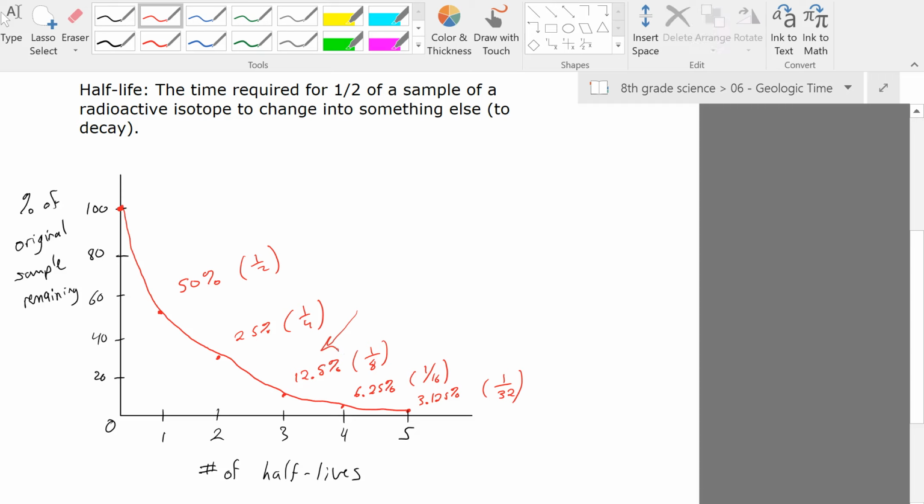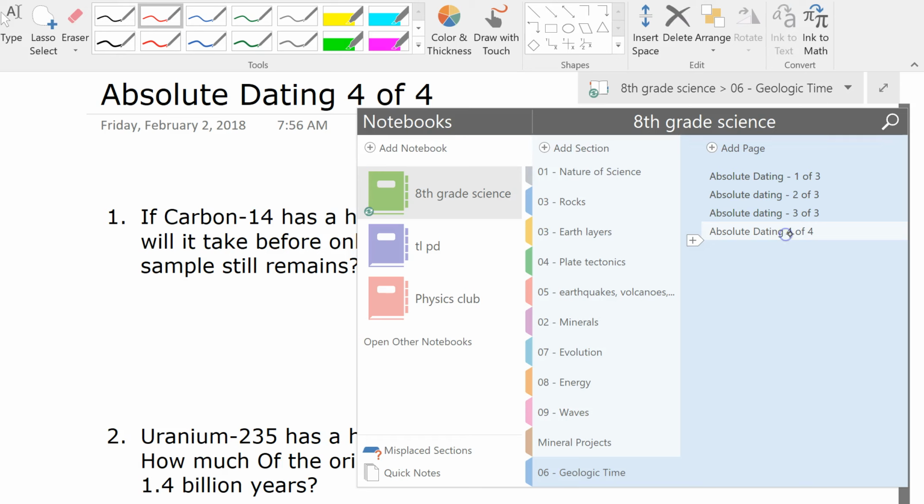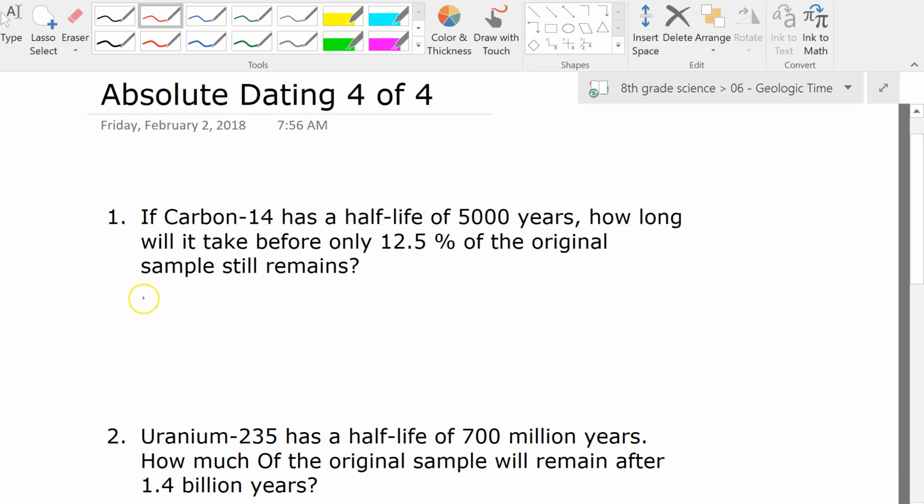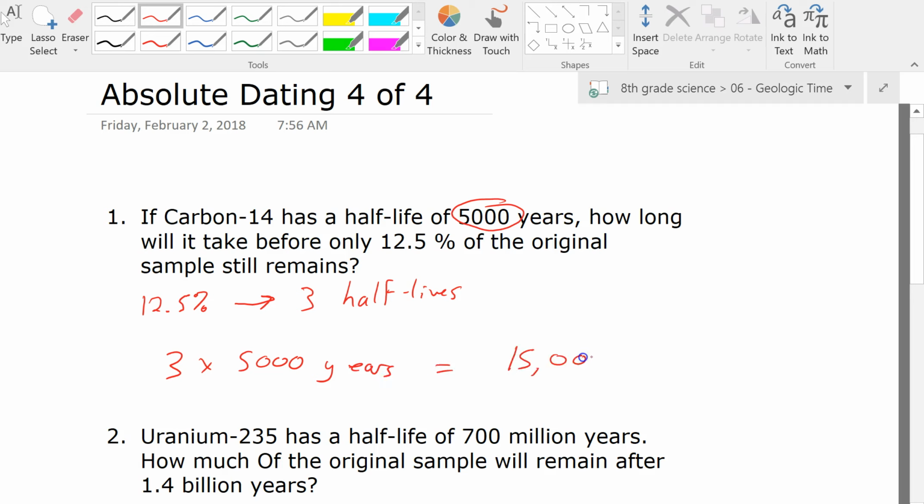We had to go through 3 half-lives to get down to 12.5%, or 1/8 of the original sample. So 12.5% goes with 3 half-lives. And we know that 1 half-life is 5,000 years, so 3 half-lives would just be 3 times 5,000 years, which is 15,000 years.